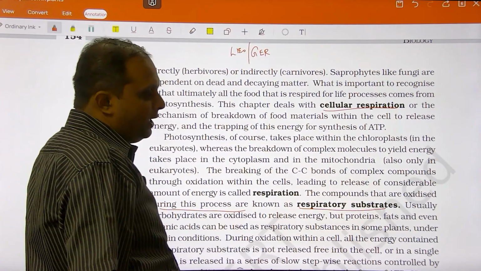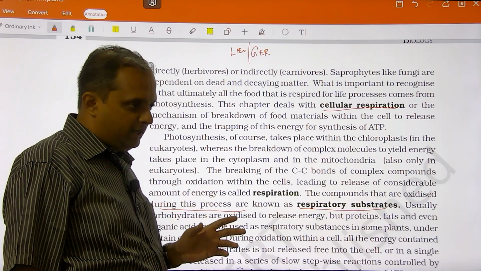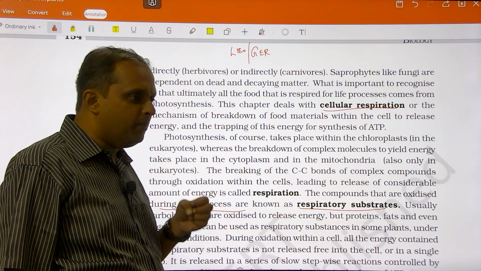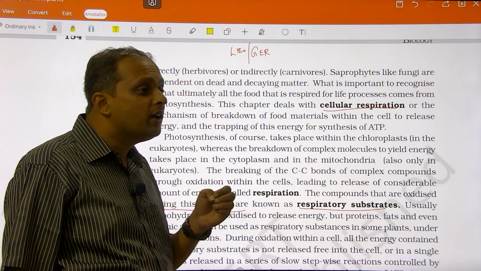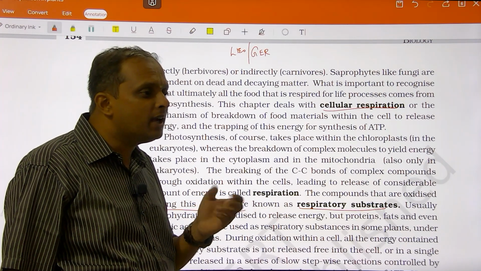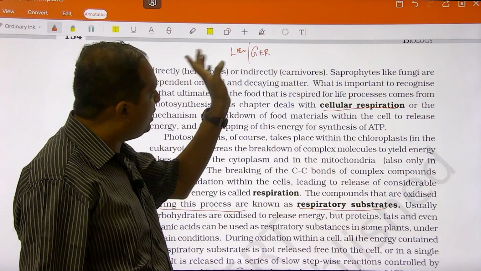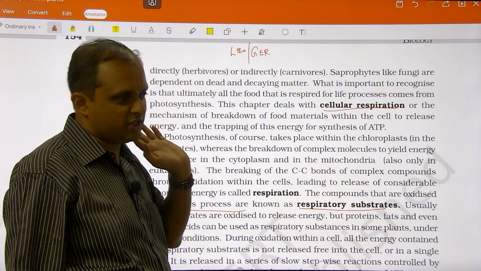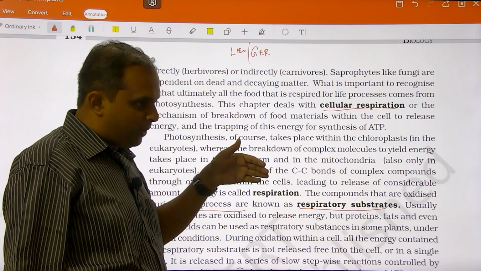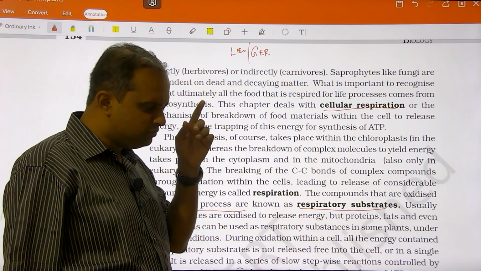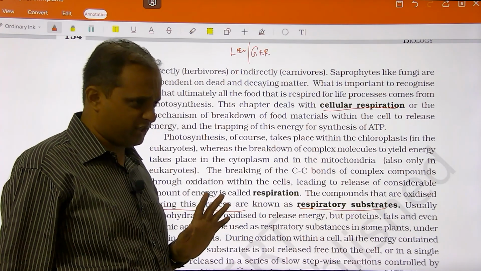Any compound, if it has to liberate energy, it has to get oxidized by losing electrons. Loss of electron is oxidation, gain of electron is reduction. You should keep this concept in mind, because throughout the process you will encounter a lot of oxidation and a lot of reduction.